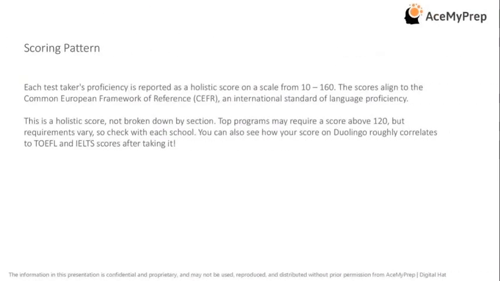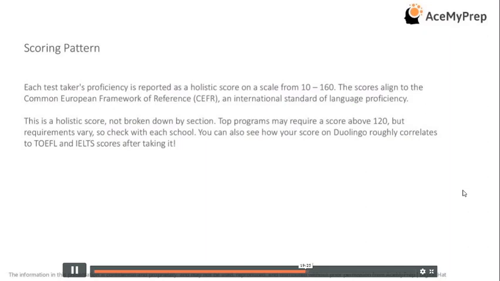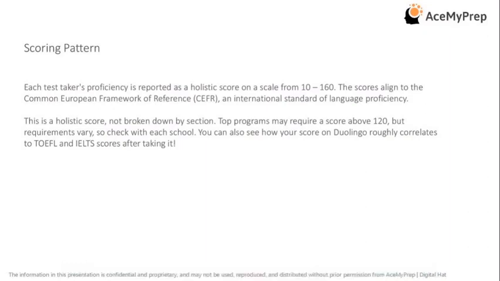Okay. So, scoring pattern. This is something I lay emphasis on quite strongly, because it's very important to understand how you're being marked, right? You're given a score holistically on a scale from 10 to 160, in alignment with the Common European Framework of Reference, the CEFR.